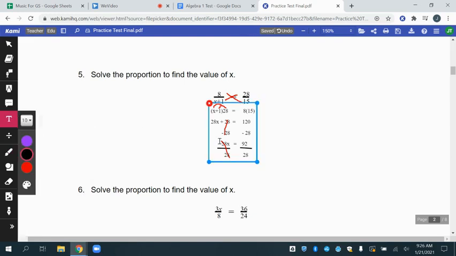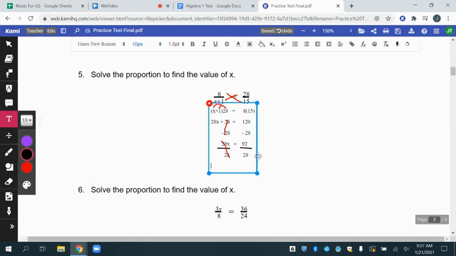So I'm left with x equals 92 divided by 28.